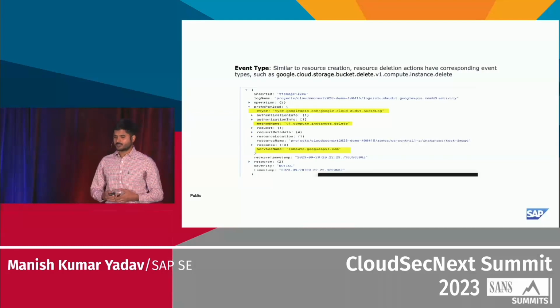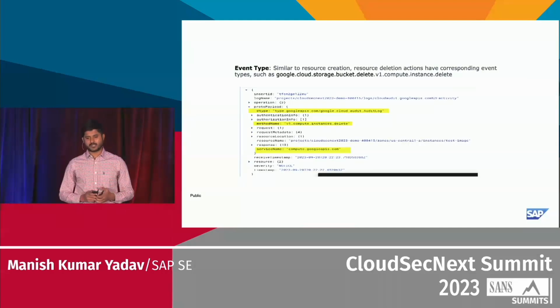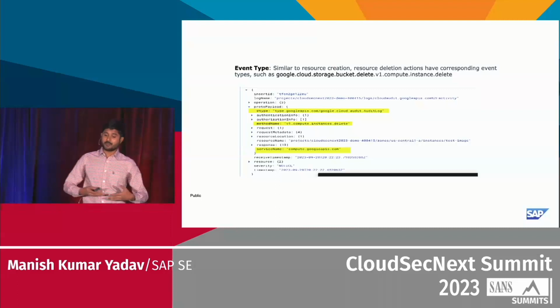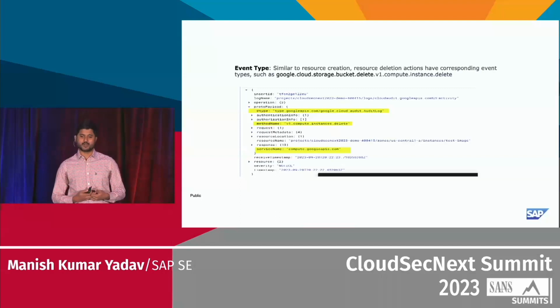So that's something you can play with. If you're from the security operations center, you can look for the logs that are really important for your team. Or if you are a site reliability engineer, you can look for the information and create a meaningful dashboard, or look for the events happening in Google Cloud. So that's more from a metadata point of view, which is the event type.